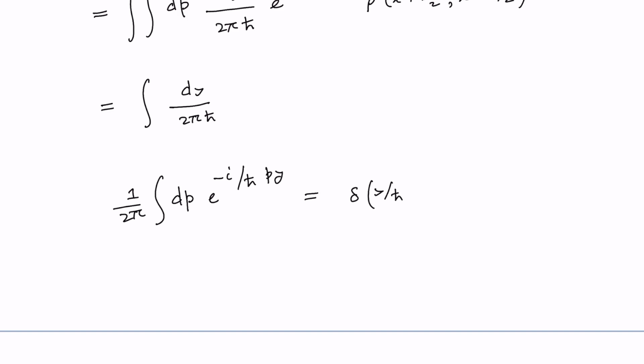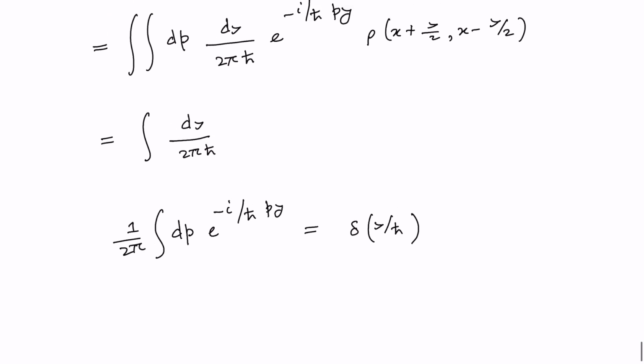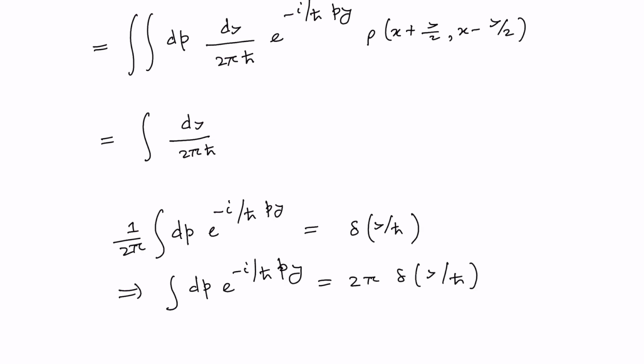So I will have integral dp e to the power minus i by h bar p y is equal to 2 pi delta of y by h bar.